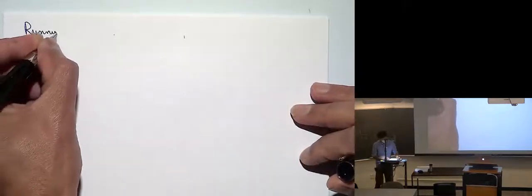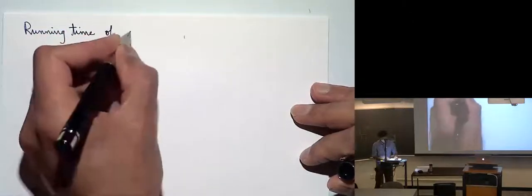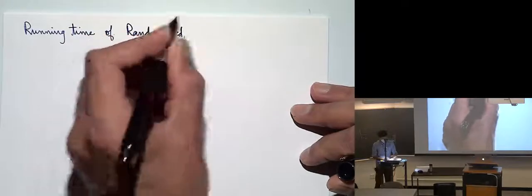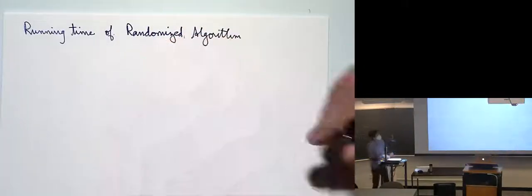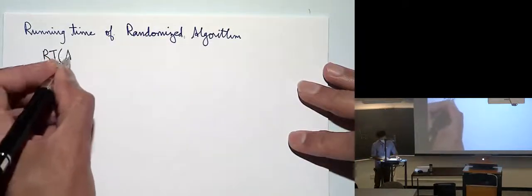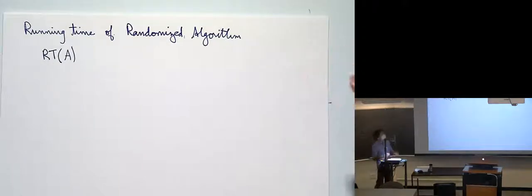Okay, so now that we have this algorithm here, let's actually do the running time of a randomized algorithm. So let me define it as follows, right? The running time for A. How many of you have heard of the term expectation?